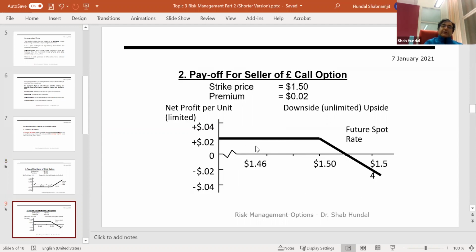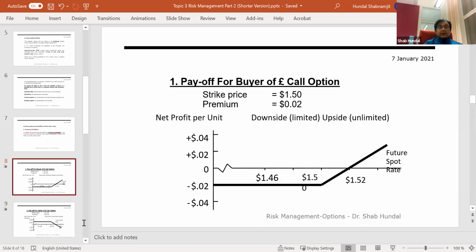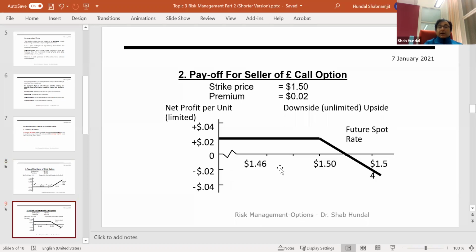So even though this seems to be a limited 2 cents gain, when they are gaining on many contracts, they are not at such a disadvantage. So they have an economies of scale advantage. So that is why don't worry too much about this philosophical imbalance, which is in favor of the buyer of the call option and against the seller of the call option.